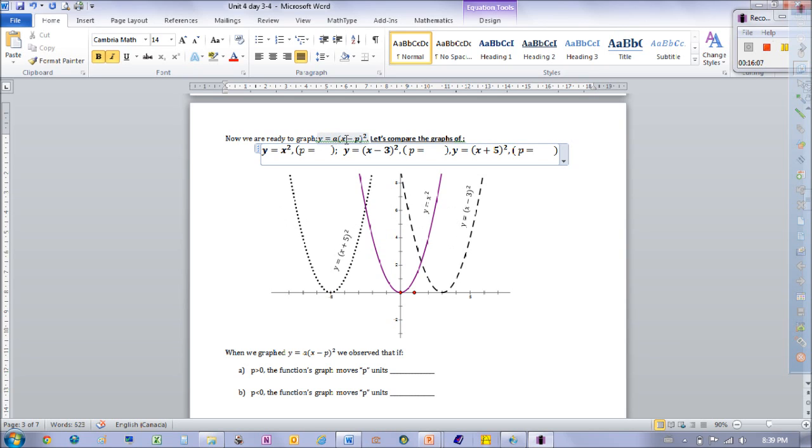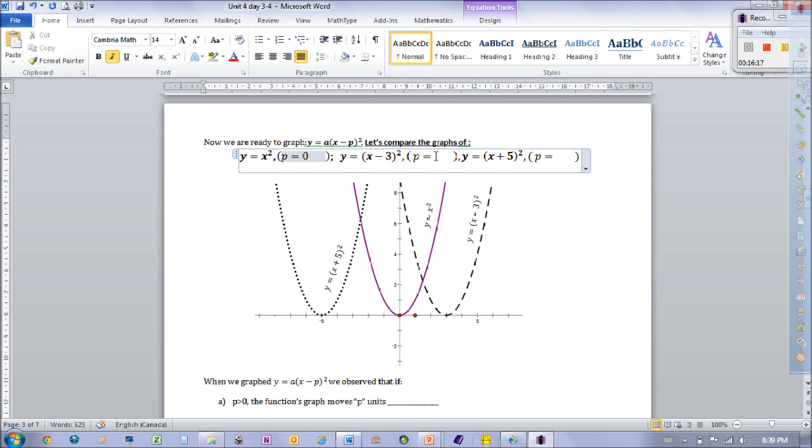Now, the generic form is x minus p squared. So in the first one, x squared, p is 0. In the second one, I'm taking a look to see what the p-value is for x minus 3 squared. And I want you to pay attention here because it's almost counterintuitive. My general form of a quadratic function in vertex form is x minus p.